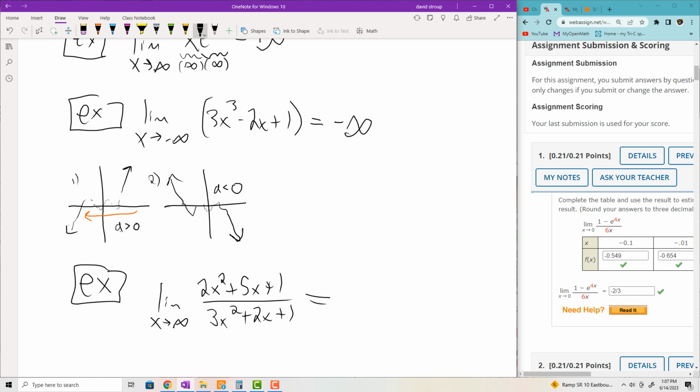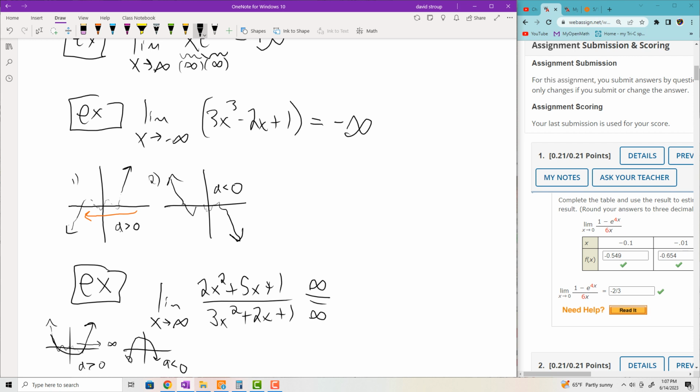The numerator polynomial has even degree, so it's going to have some shape like this. It's a polynomial in particular, so we know kind of what it's going to look like. And so as x goes to infinity in this direction, the numerator y values are going to go to infinity. And likewise the denominator has the same positive leading coefficient. Of course, if the leading coefficient's positive, it's pointing up. If it's negative, it'll point down.